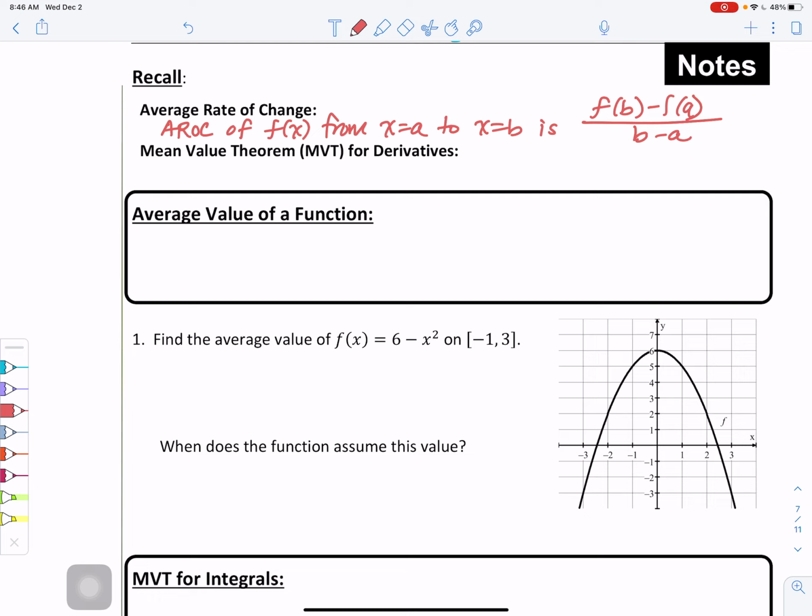Now let's talk about the mean value theorem. It just sort of makes sense.